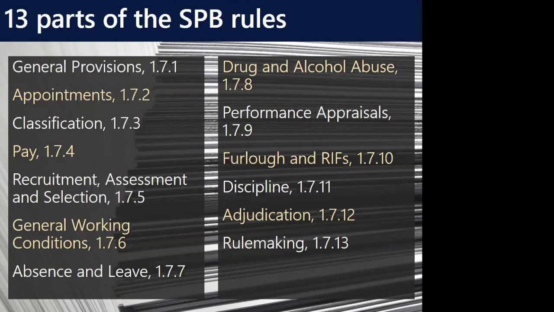If you look at the rules, they're sort of organized in a fashion of almost covering employees cradle to grave, like when they're hired, what position they're hired into, their classification, their pay, how they're recruited, the working conditions, all these things are sort of in that life cycle. And hopefully you don't end up in this phase right here, but it's something as HR professionals we all deal with, of course. And then of course adjudication, appealing, and so forth, your disciplinary action.